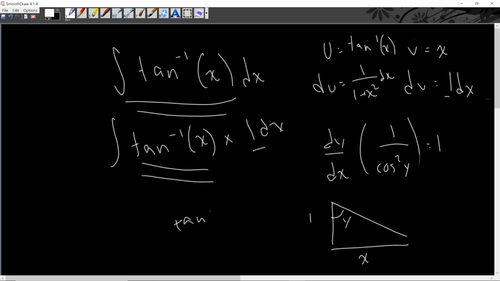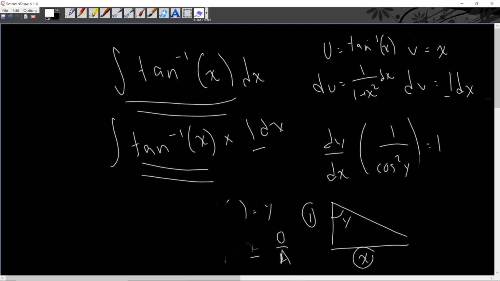If inverse of tangent x is equal to y, then tan of y has to equal x, as we said, and tan is just opposite over adjacent. So we have our opposite, x over something equals x, and that something has to be 1. So we have x over 1.